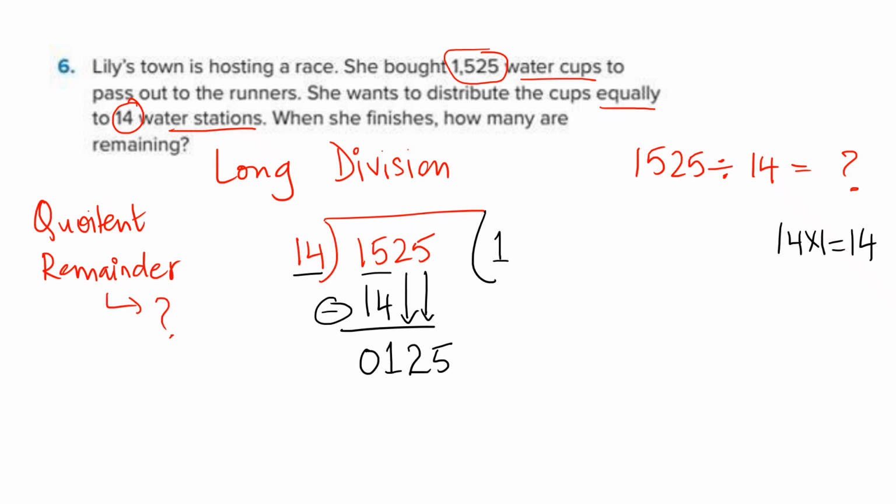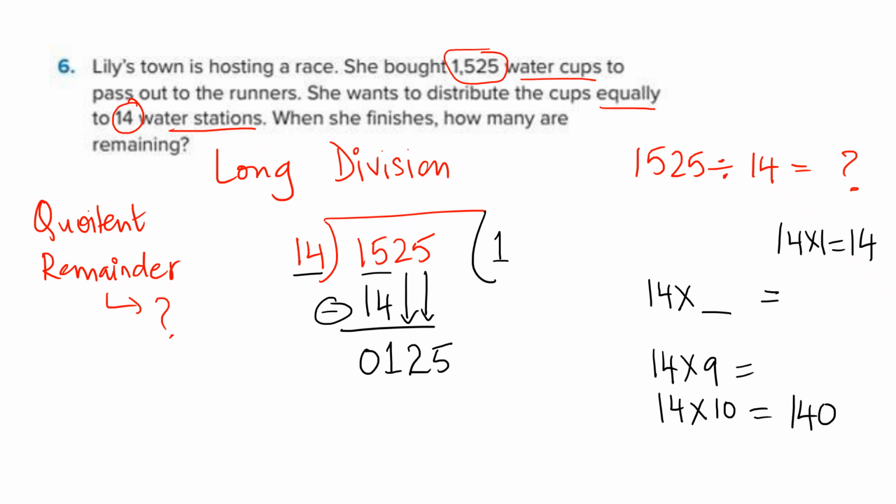Now I need to know what I should multiply with 14 to get a number which is a little less than 125. So let's see. One easy way to do this is using the concept of rounding. If I multiply 14 with 10, because that's easy for me, just add 0, this is 140. If I do 14 with 9, let's see what I get.